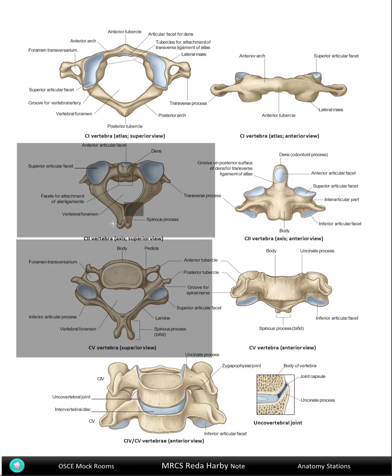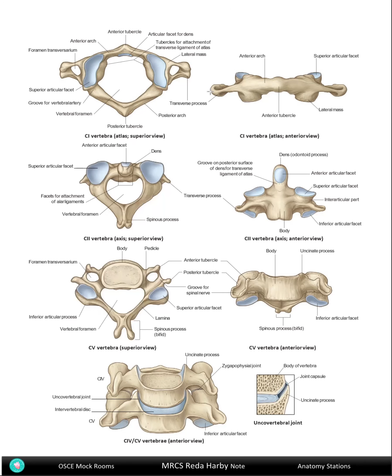No bifid spinous process, with a very characteristic feature, which is the odontoid process, or dens of the atlas. The dens is there instead of the body, nothing more. Thank you so much. Now don't forget the difference and you will see it very clearly.